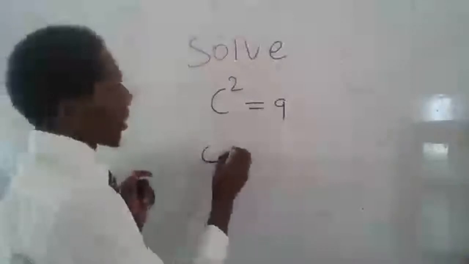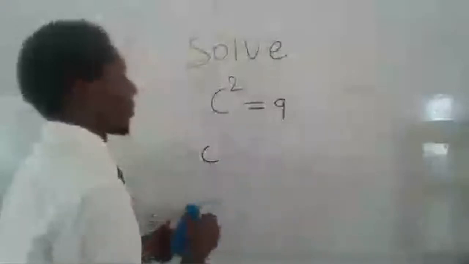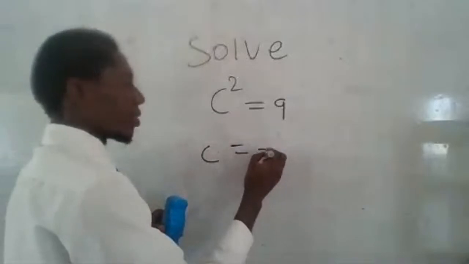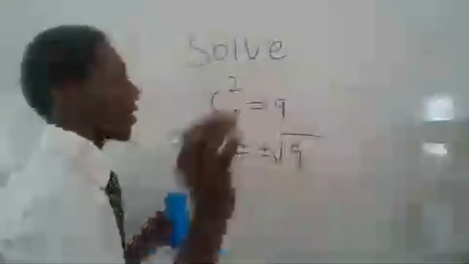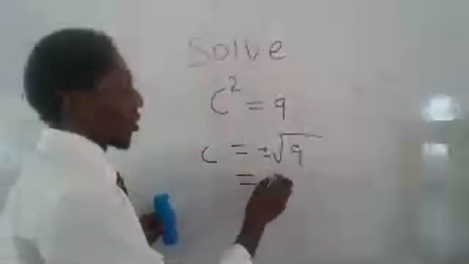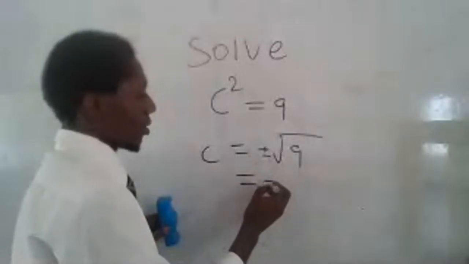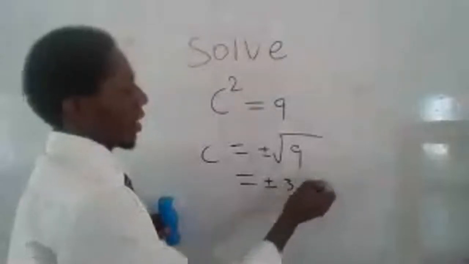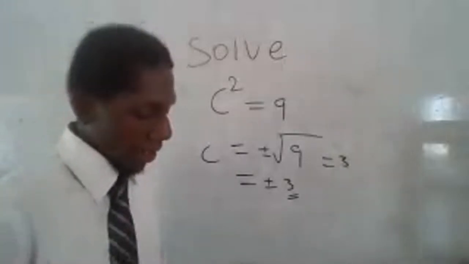Remember that c is equals to minus or plus the square root of 9. Okay, so now remember we said that the square root of 9 is plus or minus 3. Okay, so the square root of 9 is 3 because 3 times 3 is 9.